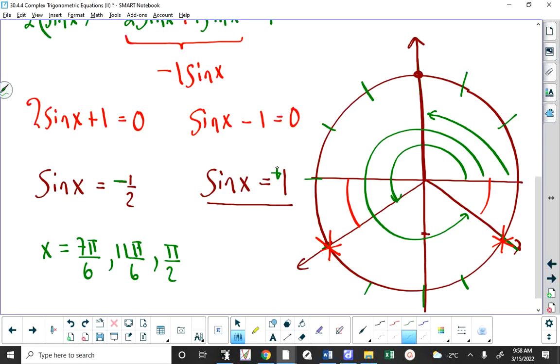Well, that's where y is positive. That's quadrant 1 or 2. But if you have a reference angle of 90 degrees in quadrant 1, it's up here at the top. If you have a reference angle of 90 degrees in quadrant 2, it's also at the top. So you're still going to get this one.